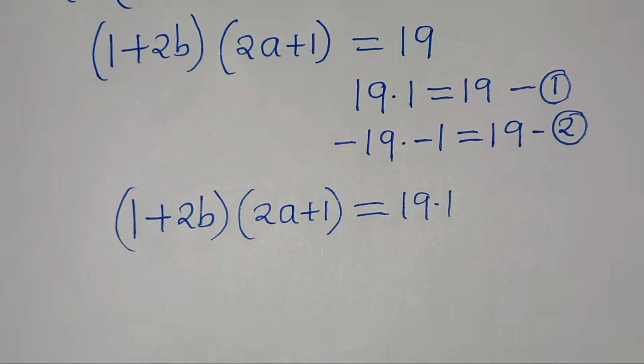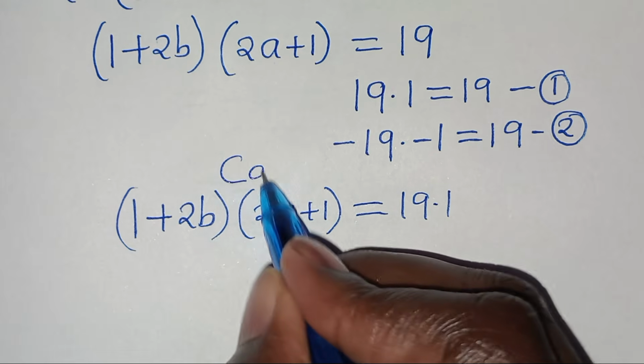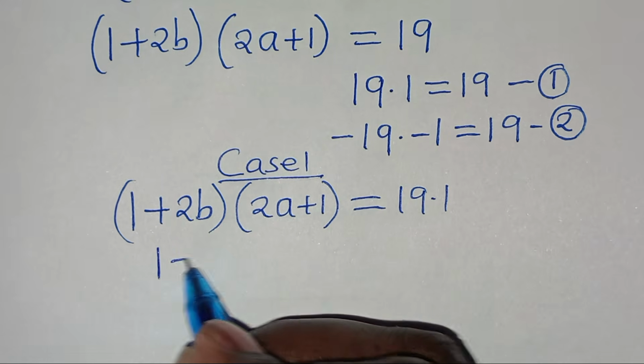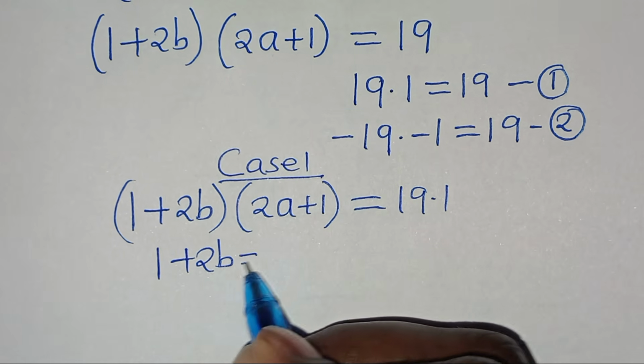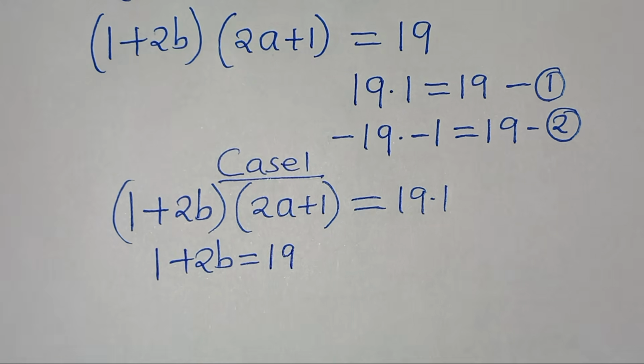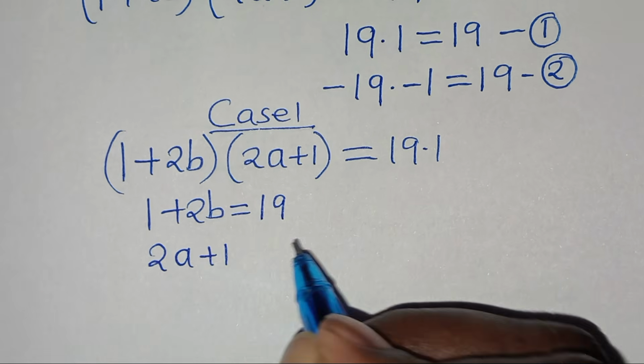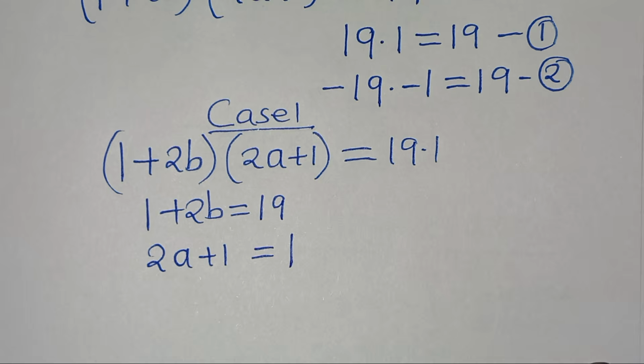So in case 1, that is 1 plus 2b equal to 19, and 2a plus 1 equal to 1.